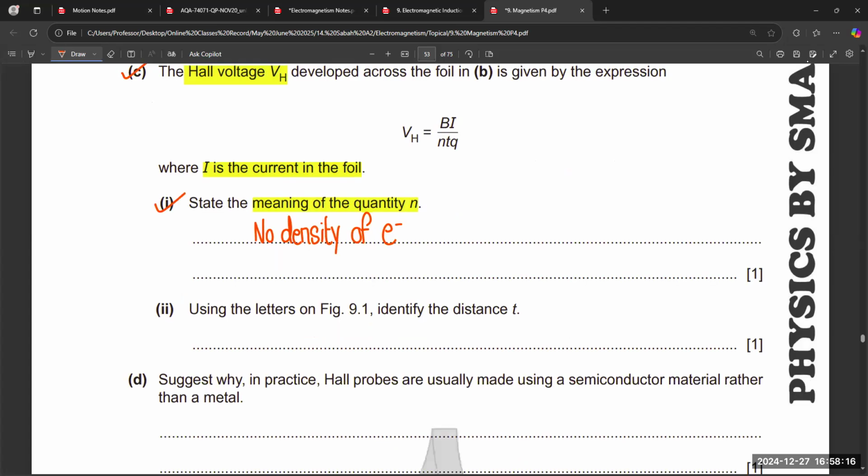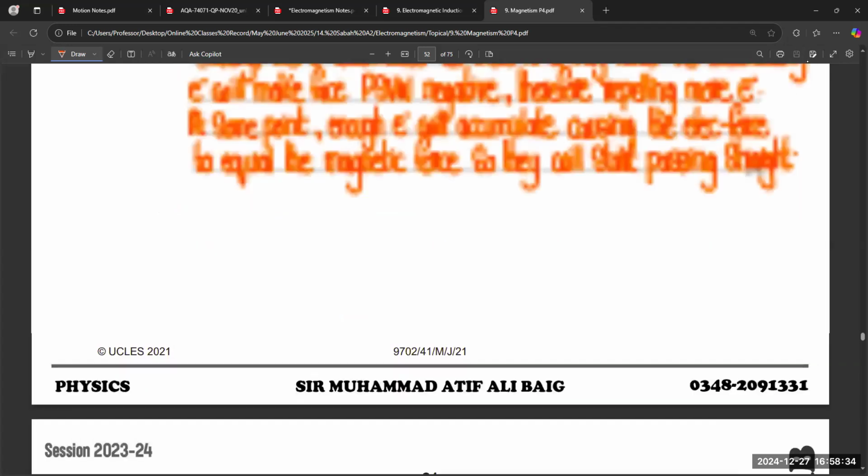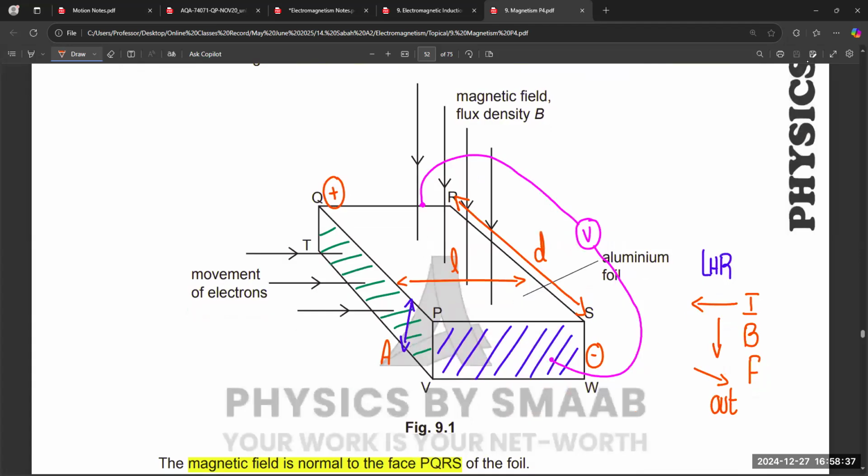And the second part, using the letters on figure 9.1, identify the distance t. So again, we need to check the diagram and identify the distance t, like the thickness basically.